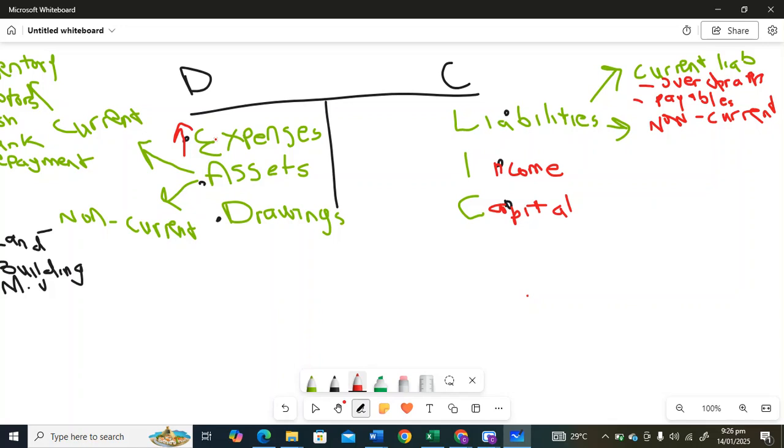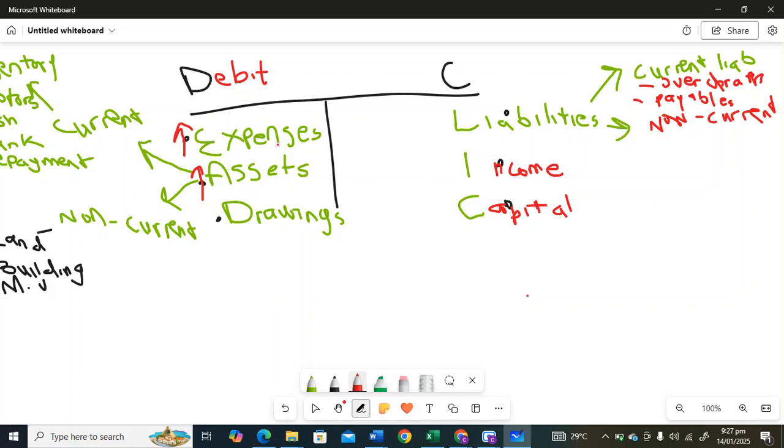If you are acquiring any assets, current, non-current, you are also going to debit. This D here is the debit side here. If you acquire any assets, you're going to debit.